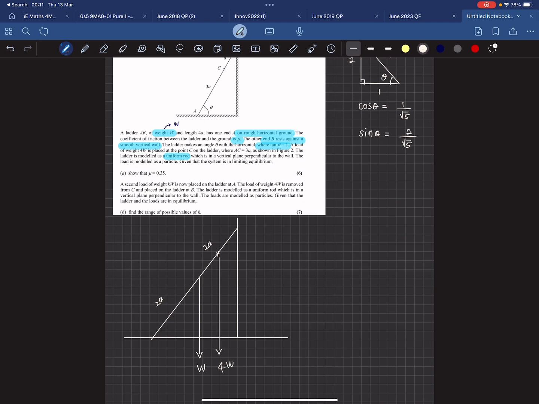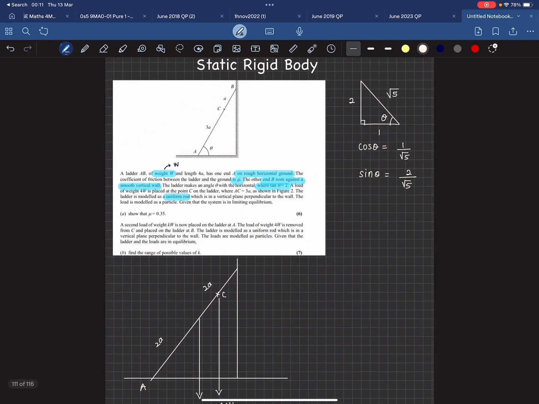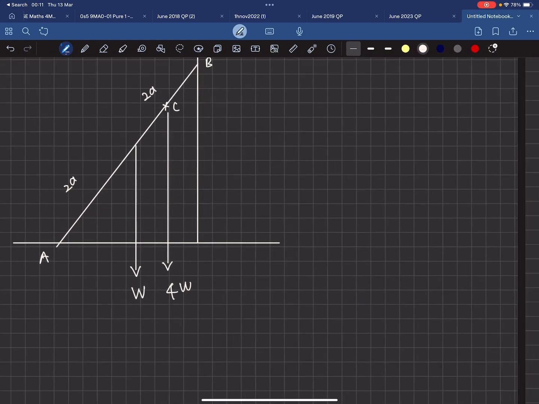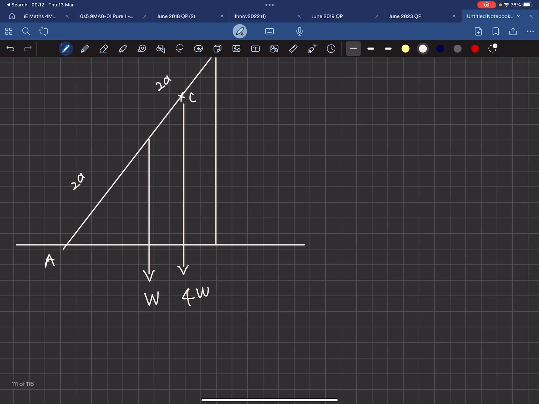And it's at limiting equilibrium. They have said, given that the system is in limiting equilibrium, show that mu is equal to 0.35. And they have given that AC is 3a, the length. So I'm going to mark, if this is 2a, from the center to A is 2a.